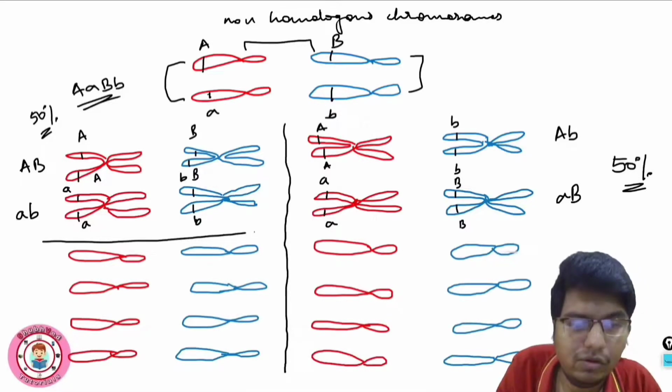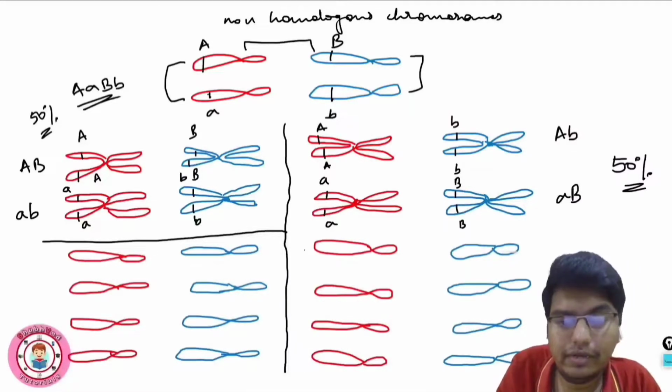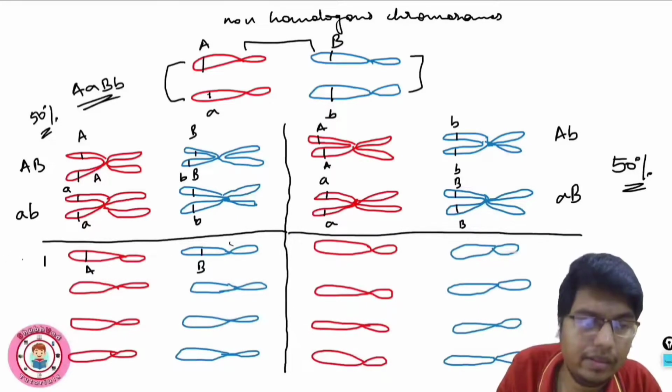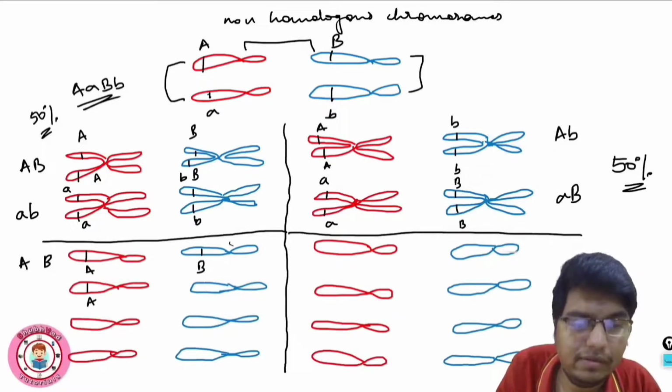I will just draw here so that you don't get confused by these two separate things. Okay, so now after this they will just segregate. Okay, here this is capital A and this is capital B. Again same here with this.